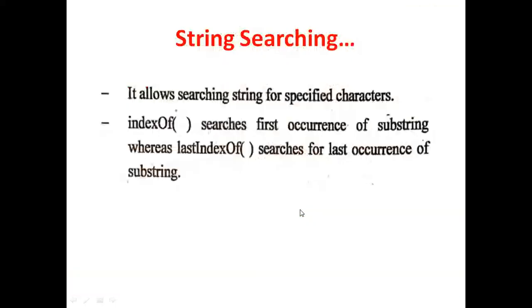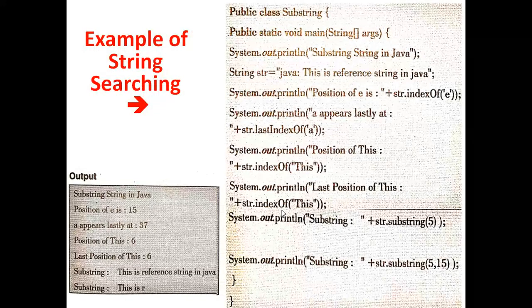Now we'll see, if you want to search any alphabet or word, or the existence of a certain word and in which position it is, you can use the indexOf function or the lastIndexOf function. We'll see this in detail. In this example, we have stored one string in str, that is "Java is a reference string in Java".